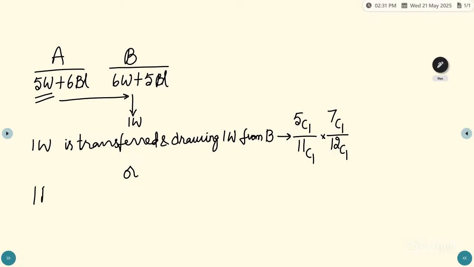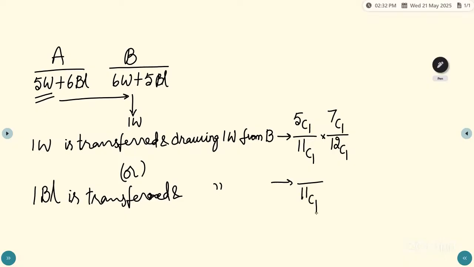If one black is transferred, and drawing one white from B. Tell me correct. One black in A. We have 11.